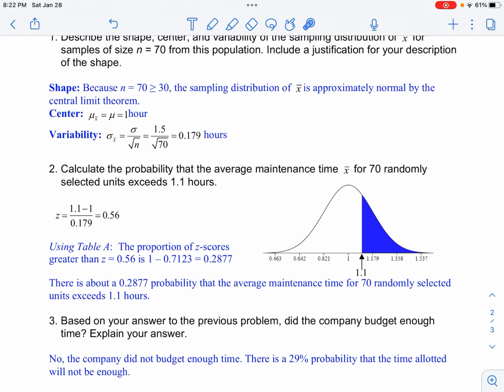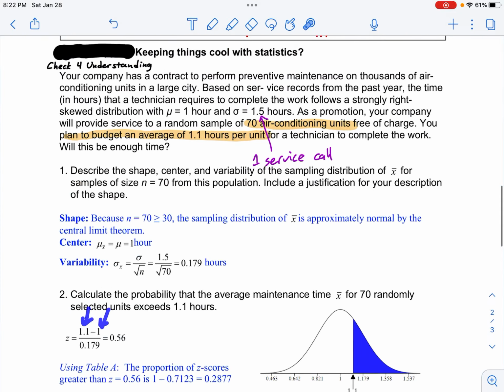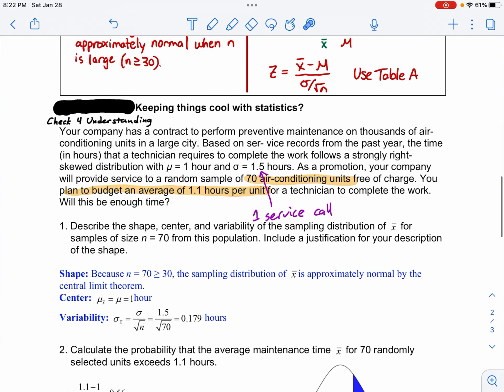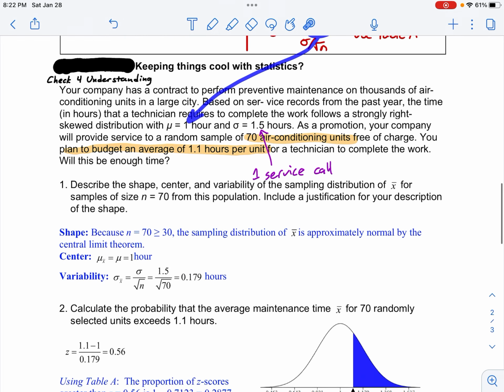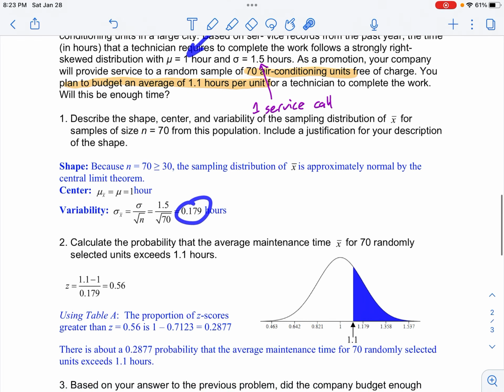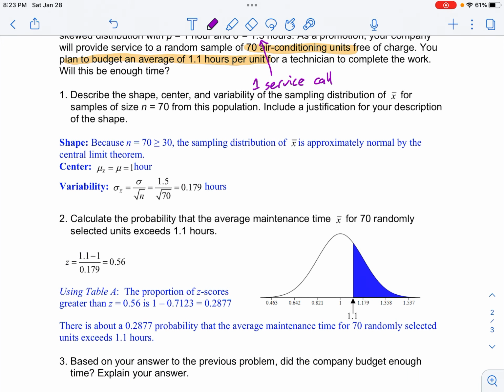So we need to find the z-score. We take our 1.1 minus the average, using this formula right here. We take our sample average, which is 1.1, subtract the population average, which is 1 hour, and divide by the standard deviation that we found. So that is all right here. This z-score, I'll write it above, is 0.56.